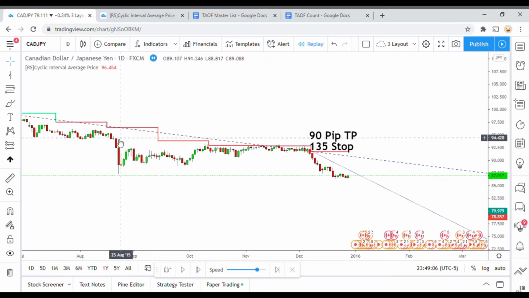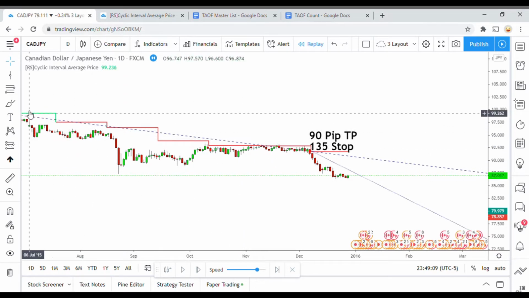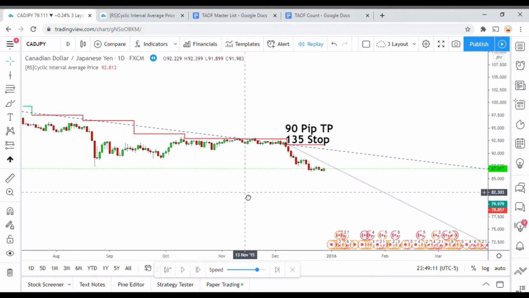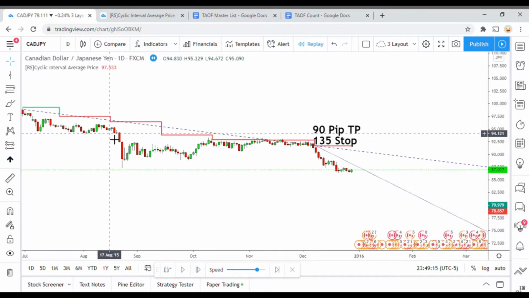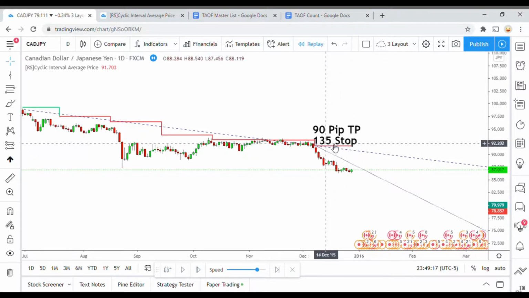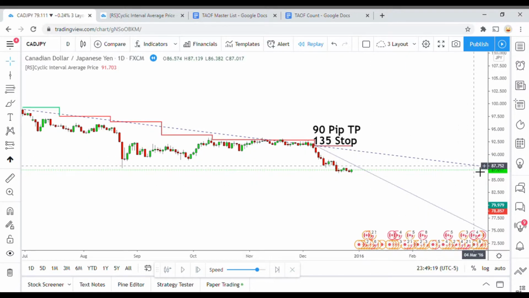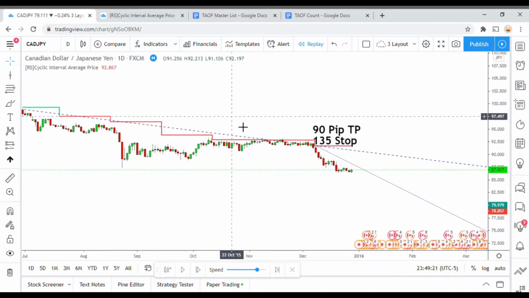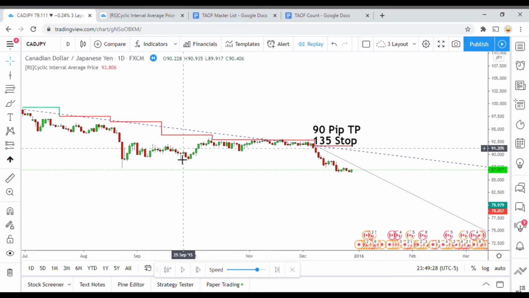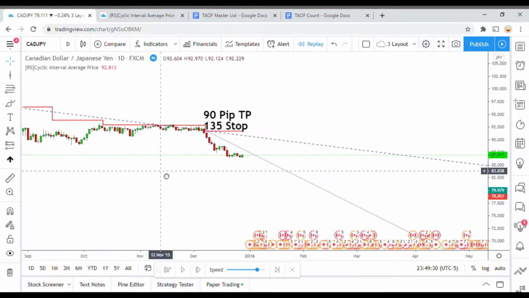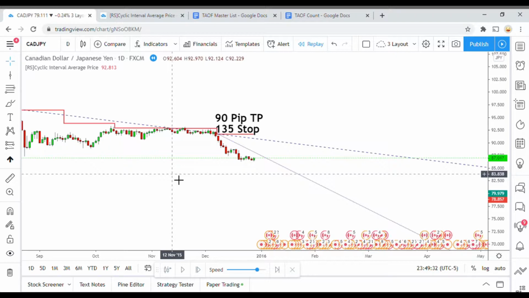I believe that this baseline, what I'm calling a baseline, the line here that's stepping up and down, turning green and red, is a byproduct, a calculation of being able to plot these sloped trend lines. I believe I have concentrated on the wrong part of this indicator so far.